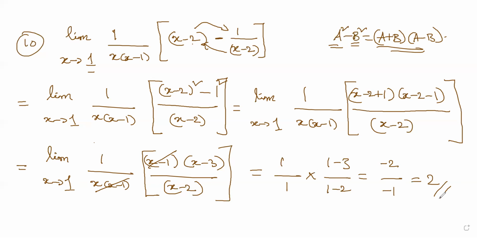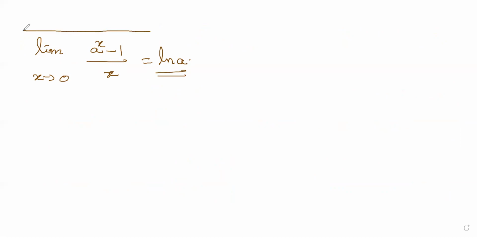So this is really good, limits are starting to get challenging. Another one we'll see is another formula on the limits. Limit x tends to 0, a power x minus 1 by x is ln a. This is one important limit you have to keep in mind.